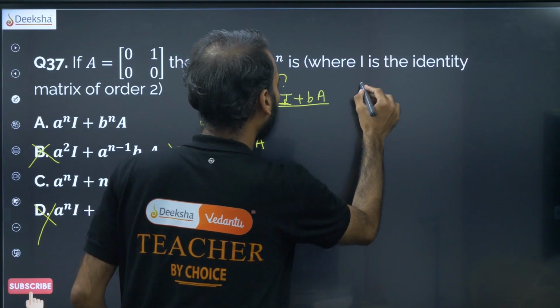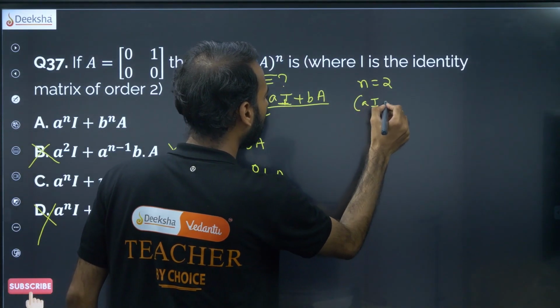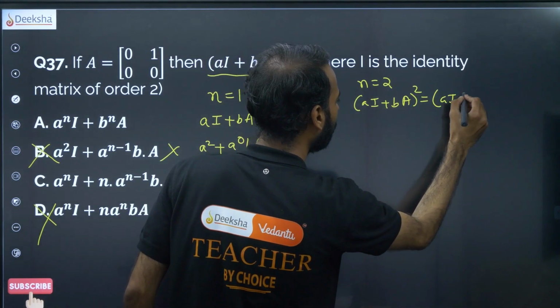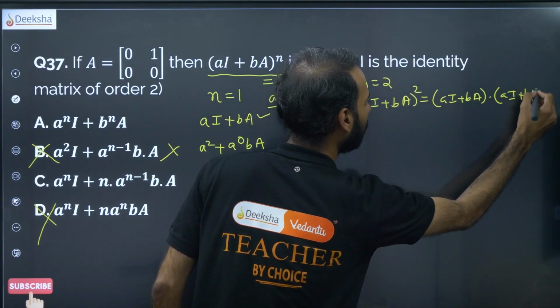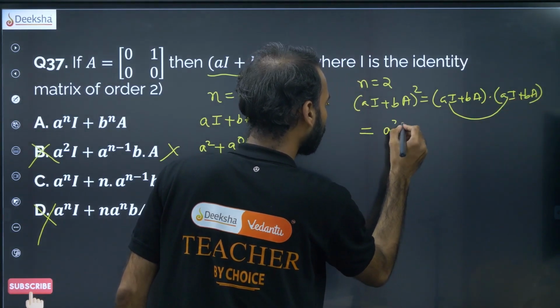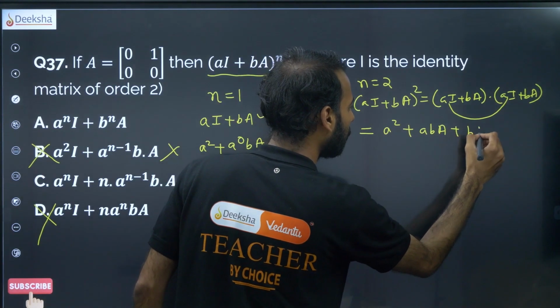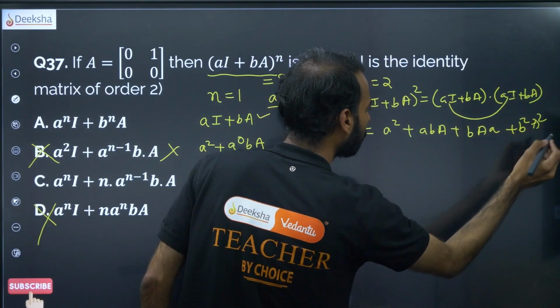So for that we'll go for n is equal to 2. If I go for n is equal to 2, AI plus BA square is AI plus BA times AI plus BA. So go for multiplying this: A square plus ABA plus BAA plus B square A square.